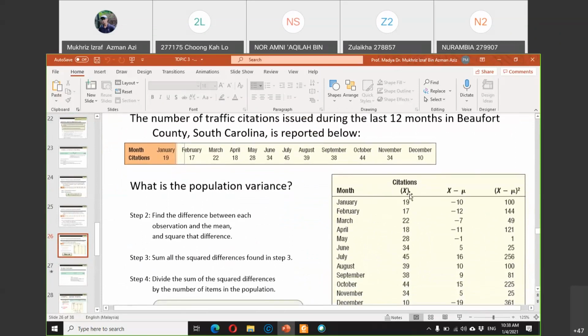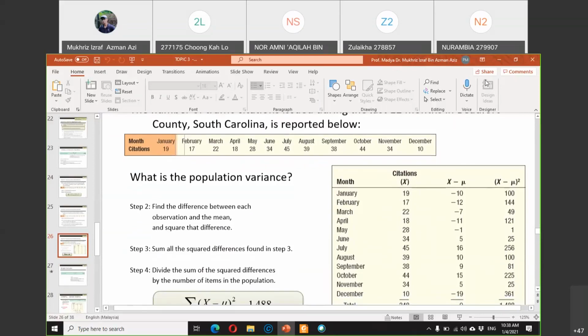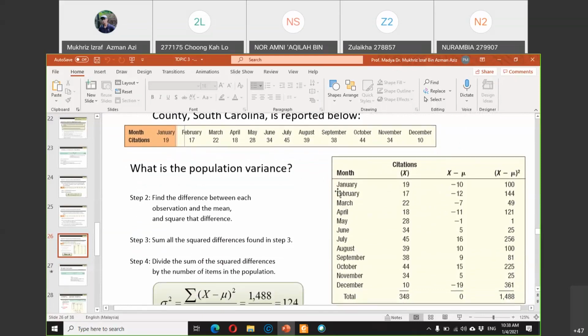But you need to know how the process is done first before you simply click on the button to get the answer, because if you do not know this process, then you will not be able to interpret what it means by standard deviation being large, or variance being large or small. So when you understand the process, then you can use whatever tool, whether online calculator or Microsoft Excel, as long as you can appreciate and understand the process behind this formula.